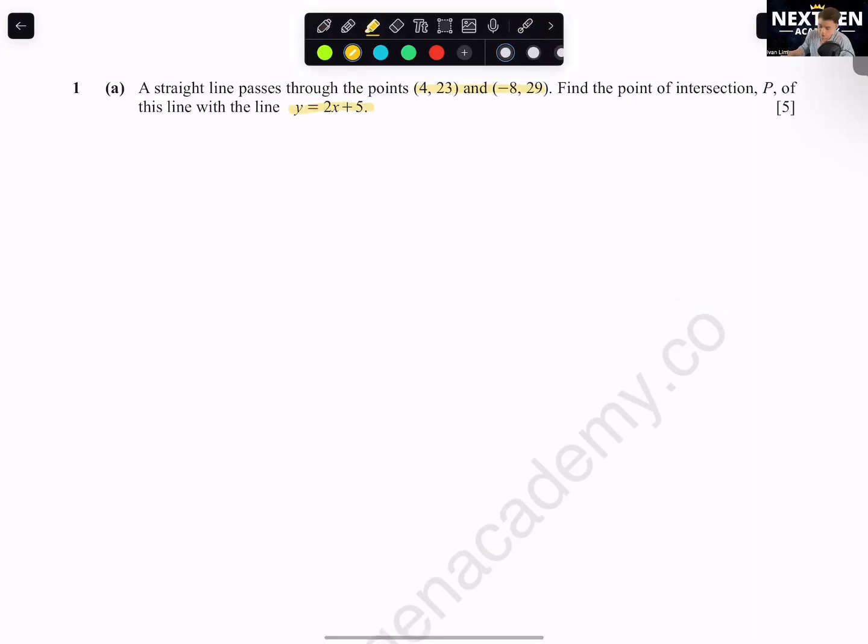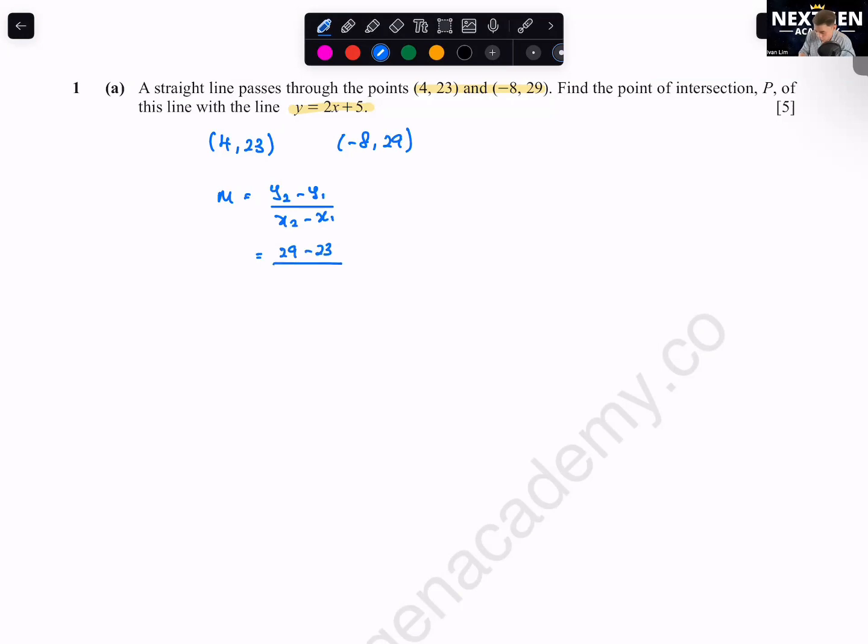Okay, let's start with (4, 23) and (-8, 29). We need to start with what? Gradient. Gradient is y2 minus y1 over x2 minus x1. 29 minus 23 over minus 8 minus 4.